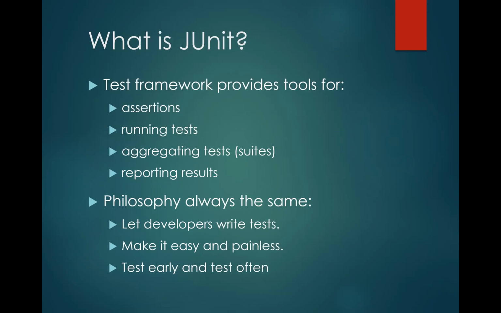The test framework provides tools for assertions, running tests, aggregating tests, and reporting results. It's always been: let the developers write the tests, make it easy and painless, test early and test often.